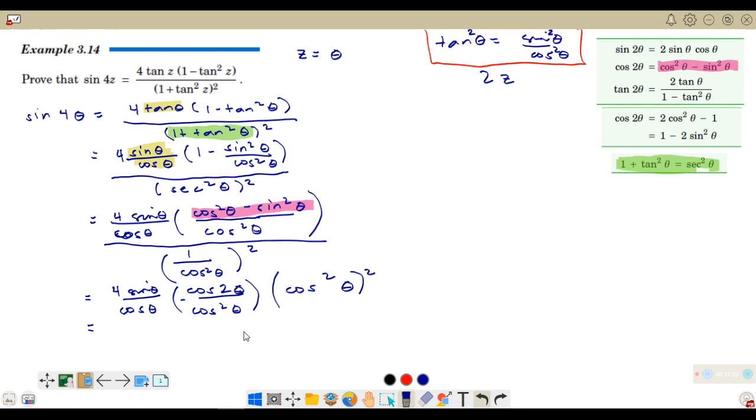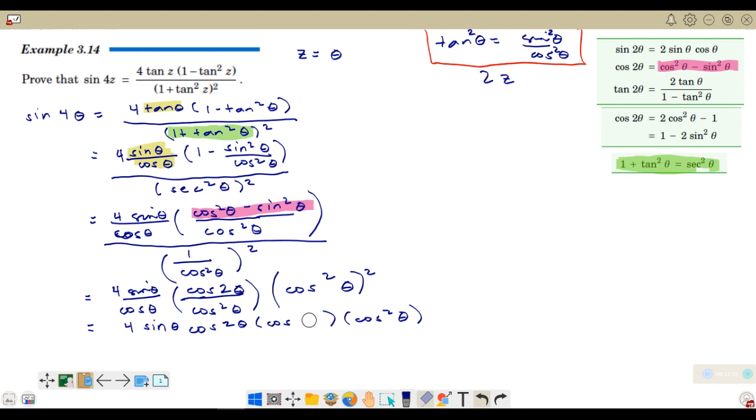Okay. So, kung isusulat natin to ng mahaba, pwede mo siya isulat as 4 sine theta, and then kasunod niya si cosine 2 theta. Tapos ito, i-expand natin. Ang expansion nito will be cosine squared theta times cosine squared theta. Si cosine squared theta, pwede mo pa siya i-expand ulit.